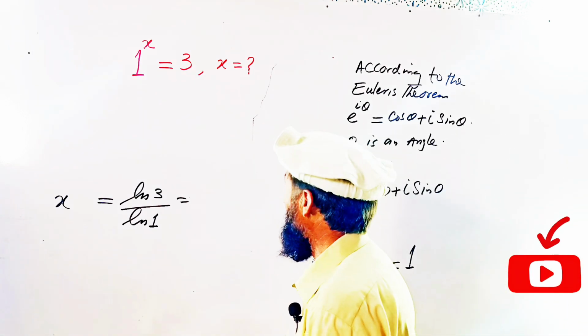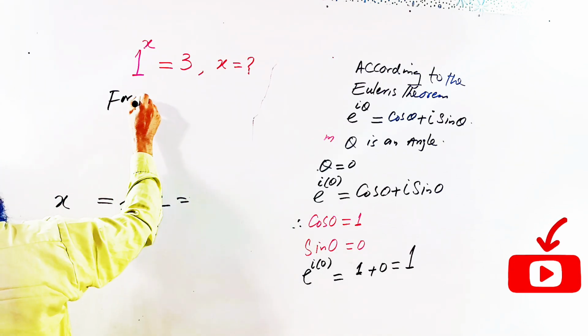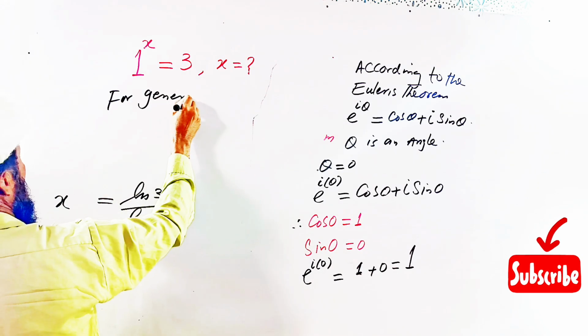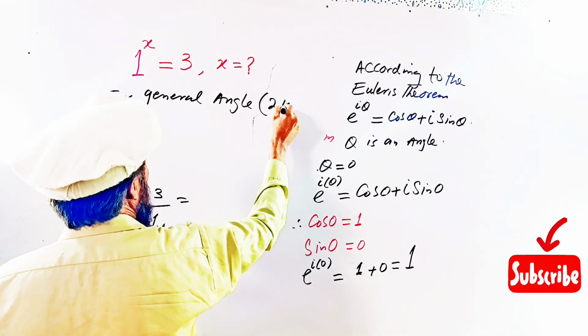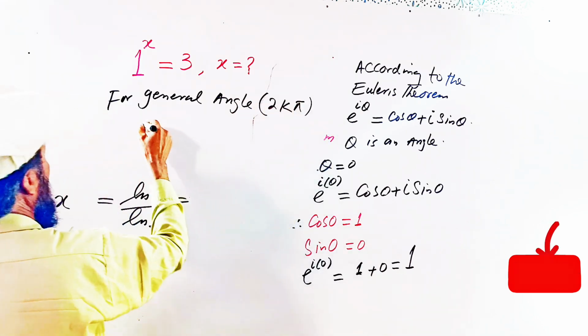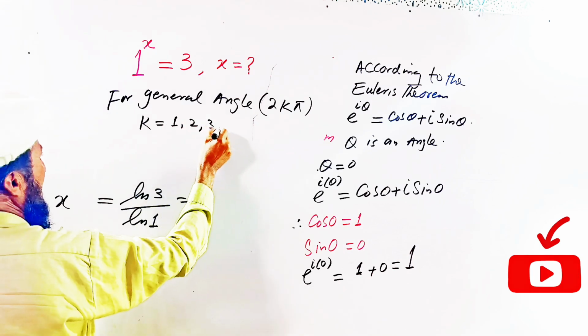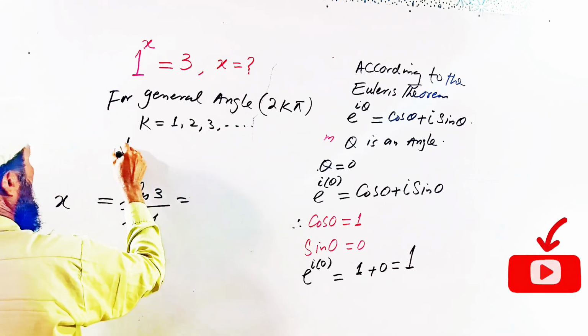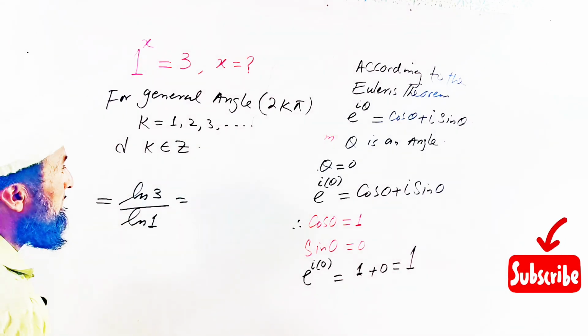Similarly, for the general angle 2k pi, where k is equal to 1, 2, 3 and so on, and k belongs to the positive integers.